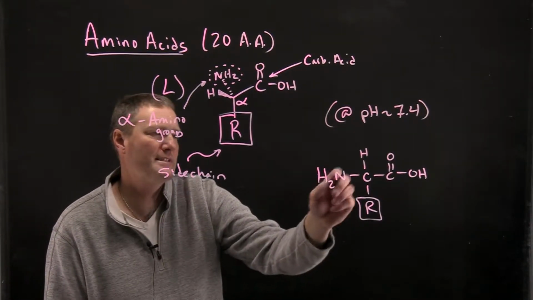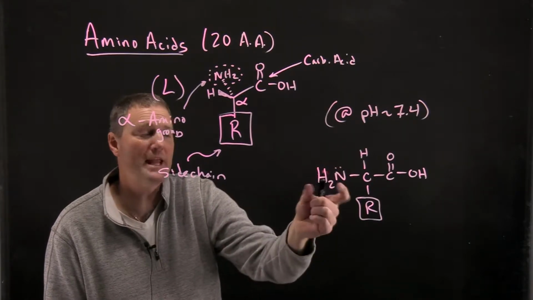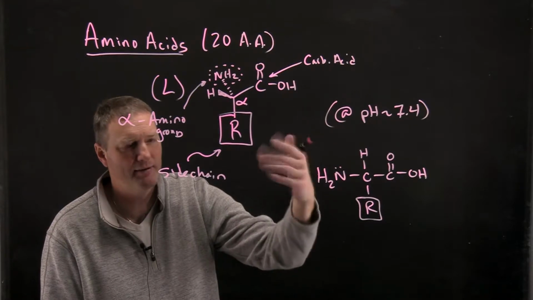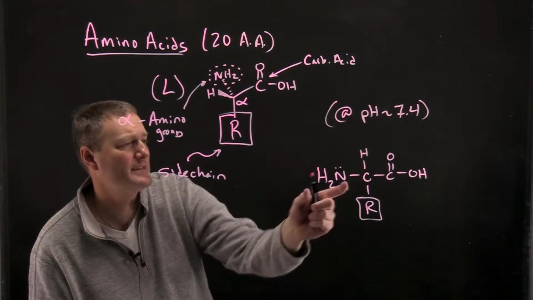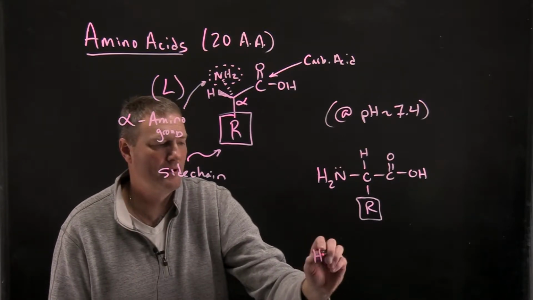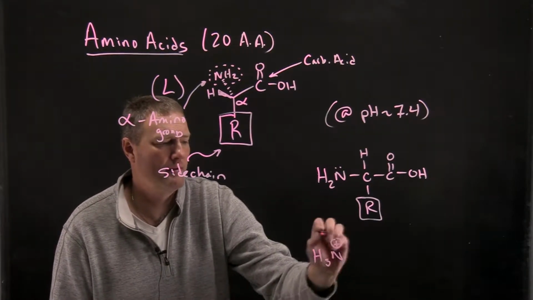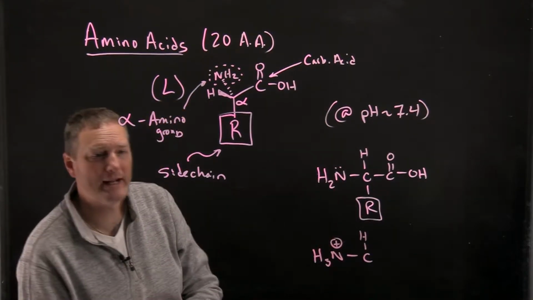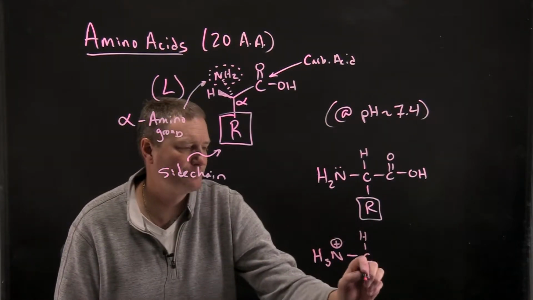What's going to happen is that the amino group, since it's a base, the typical pKa for the ammonium ion of this is going to be up around 9 to 9.5. This is not going to exist as the NH2, it's going to exist as an NH3. So at physiological pH, the amino group will become protonated and have a positive charge.